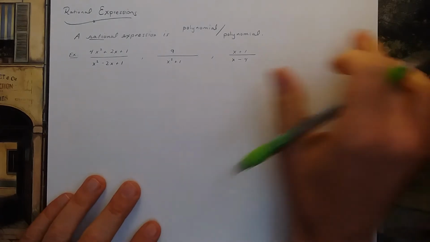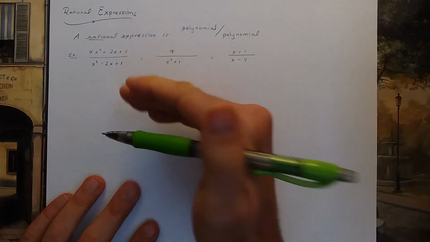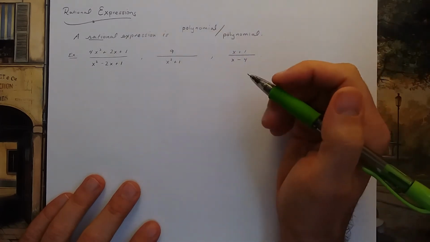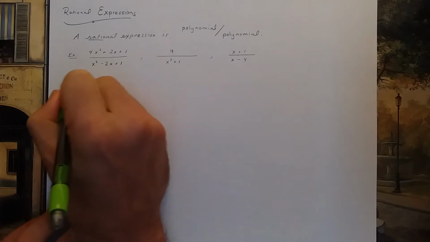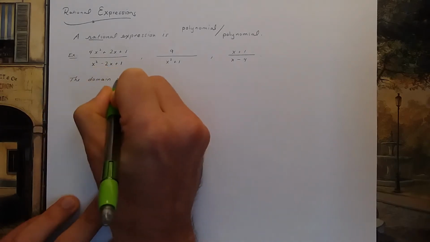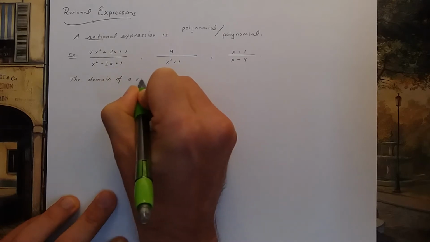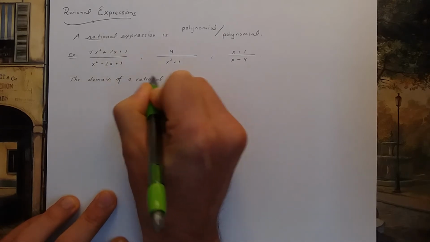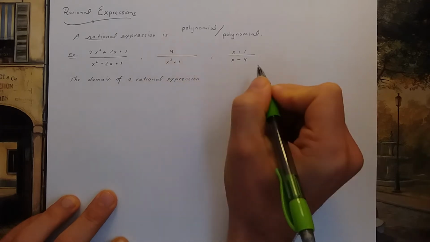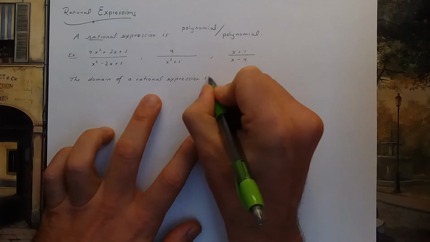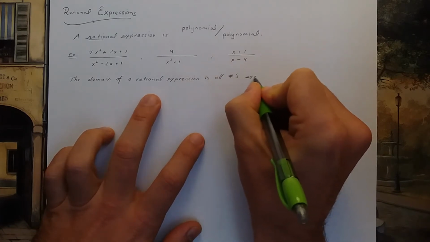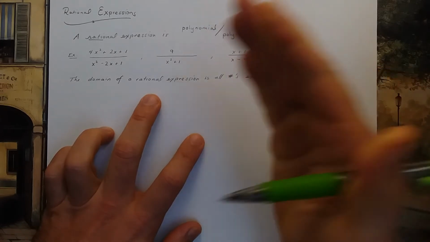Now, when you discuss a rational expression, there are certain values you could plug in for x, and certain values you cannot plug in for x. So the domain of a rational expression is all numbers except where you would be dividing by 0.